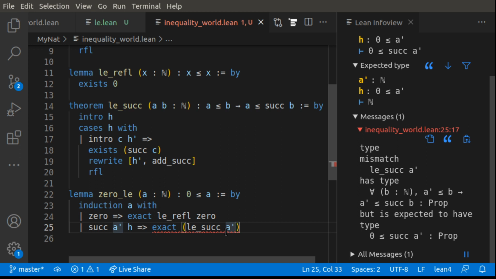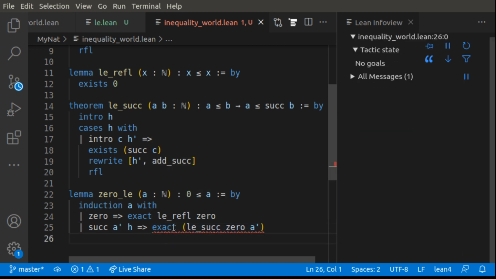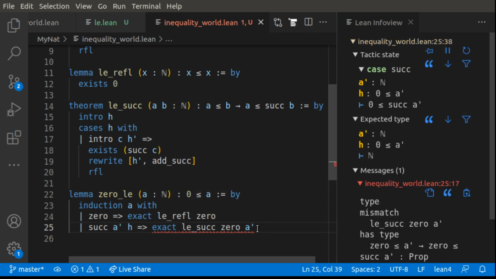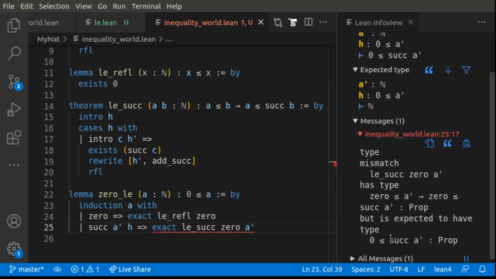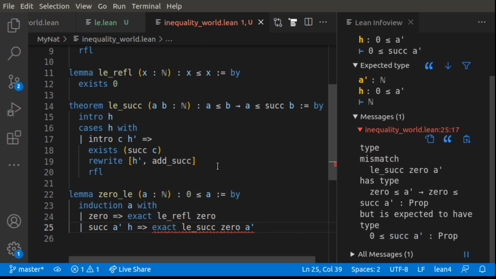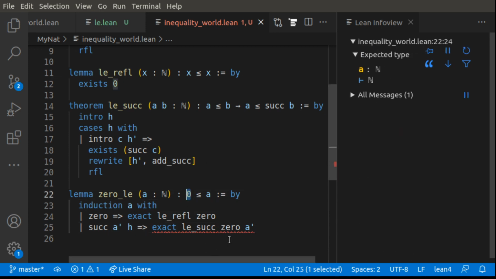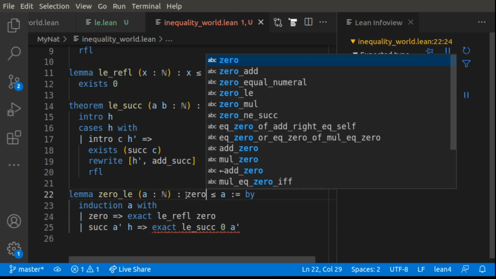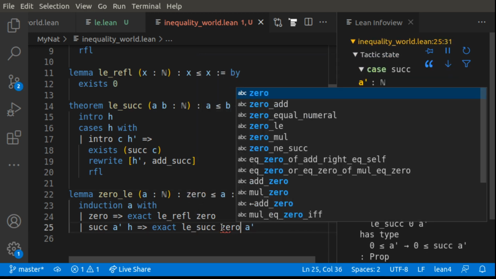We want 0 and A prime. 0 A prime. No parentheses maybe. What's wrong here? Oh, okay, let's try to do 0.